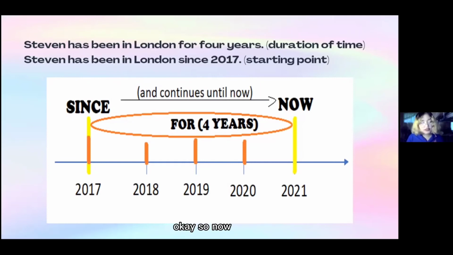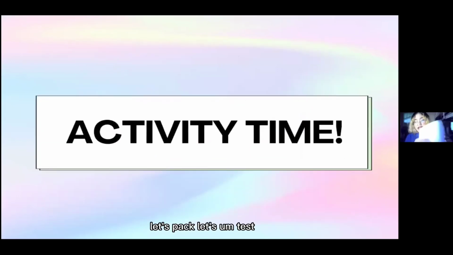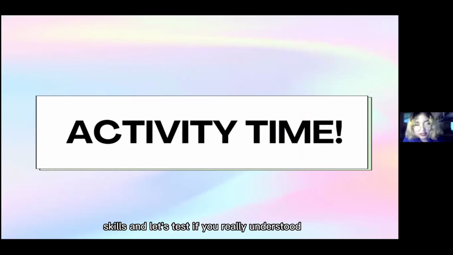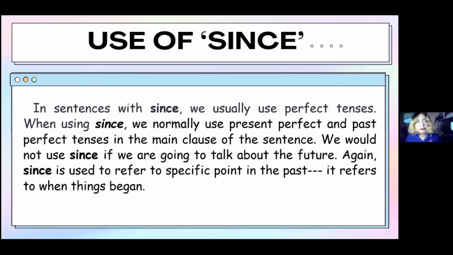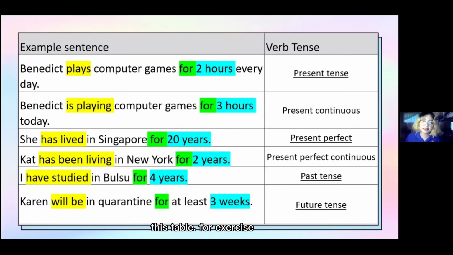Okay. So now let's test your memory skills and let's test if you really understood the topic. Now I'm going to give exercises to assess what you have learned today. I told you to look further, I looked for the table. Let's go back. This table.